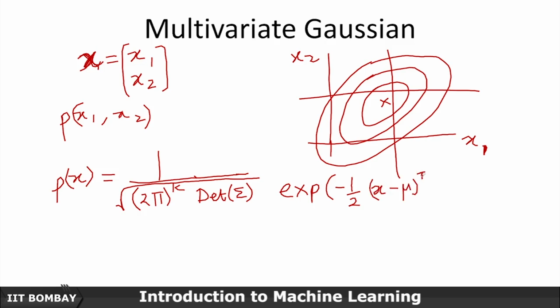Now, x is a vector because it has k dimension, and then covariance matrix inverse x minus mu.